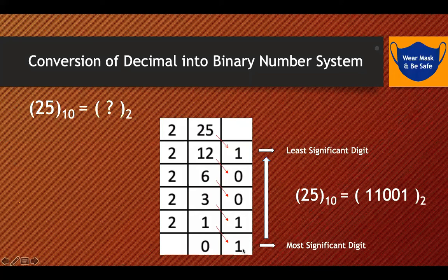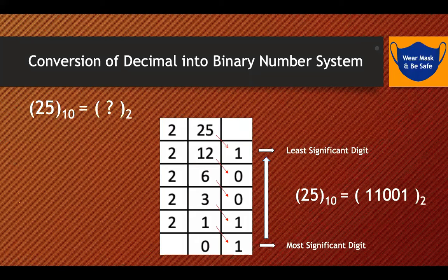Now you can see the last number here. I have written the most significant digit, and here at the top I have written the least significant digit. So we have to write the number from the most significant digit to the least significant digit.